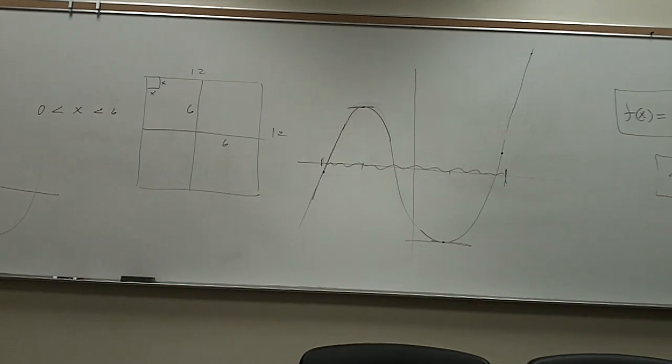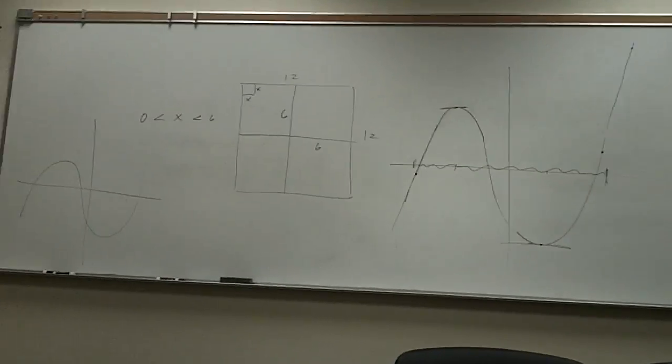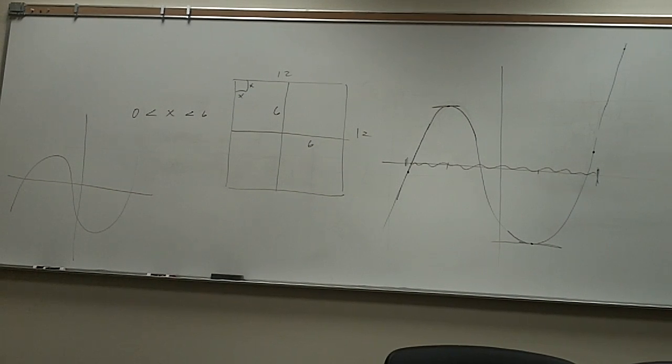So that means what? There is a restricted domain on this problem. You have no control over that. That X value that comes out of the quarter has to be a number between what? 0 and 6. It cannot be 0 and it cannot be 6. That's why I didn't put the less than or equal to.